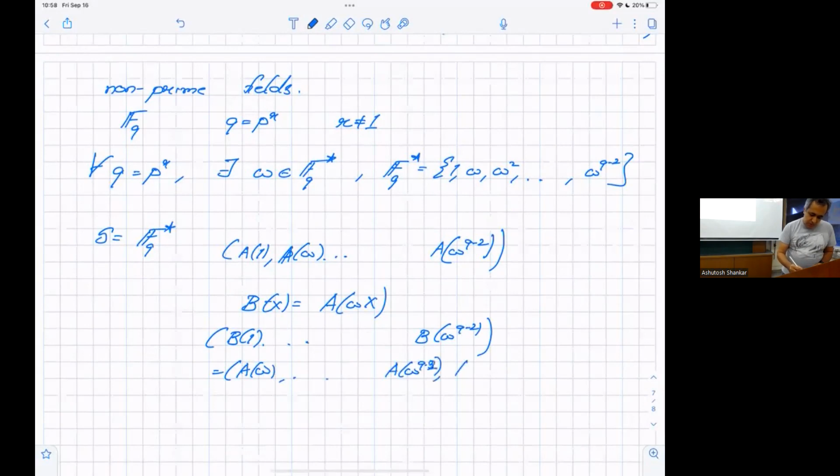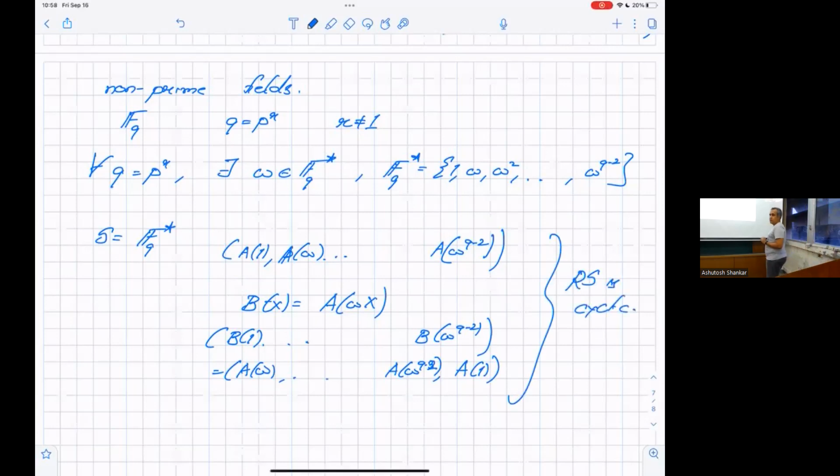Exactly this way, therefore RS is cyclic. Two more minutes.